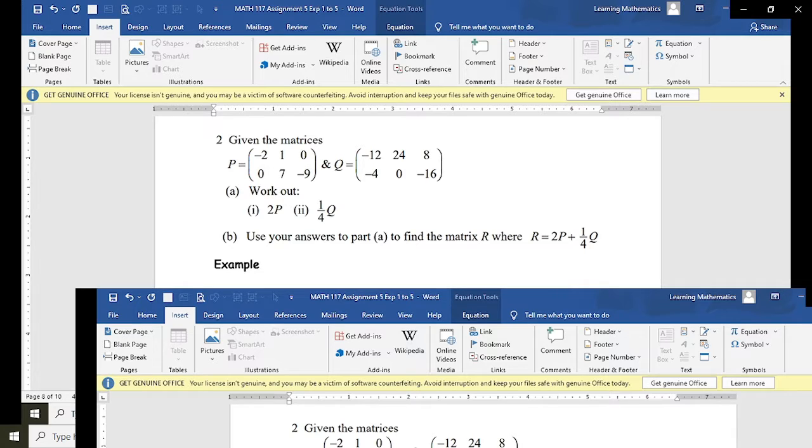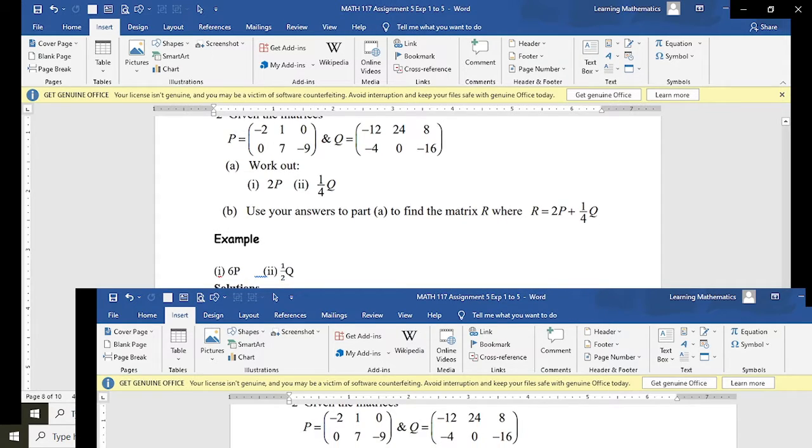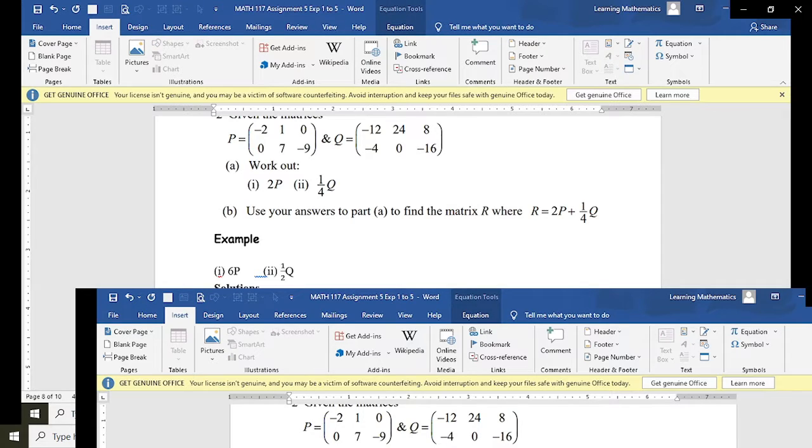Equal, we're going to get the same matrix. We don't have to show the multiplication. We can just do that one time. We know that already. So you don't have to show 6 by -2, 6 by 1. You don't have to show those baby steps.